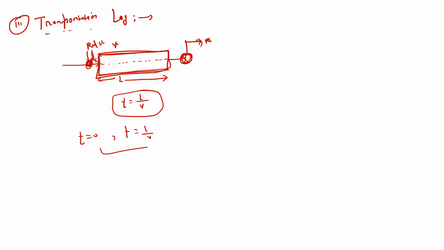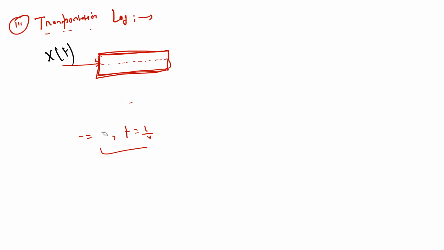In transportation lag, you will see there is a different kind of expression that will come. Here we are talking about the frequency response, right? If your x(t) is your input, I am giving an x(t) input over here, and I want to know the output.